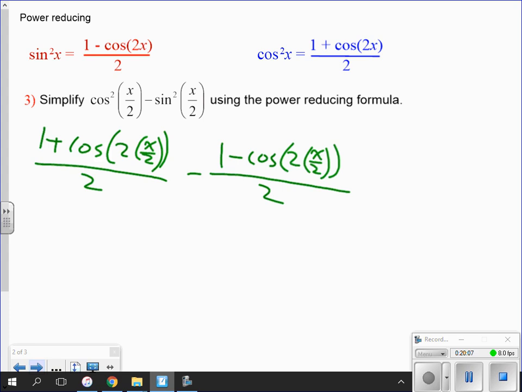It's 2 times whatever we're taking. So you get 1 plus cosine x over 2 minus 1 minus cosine x over 2.